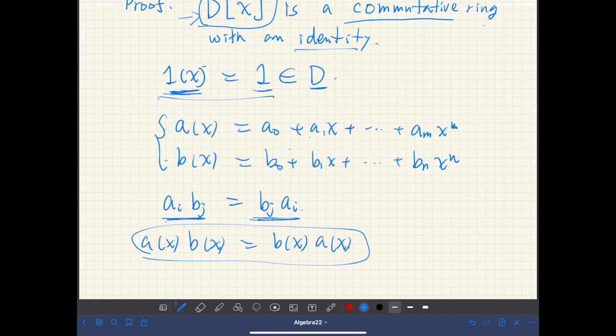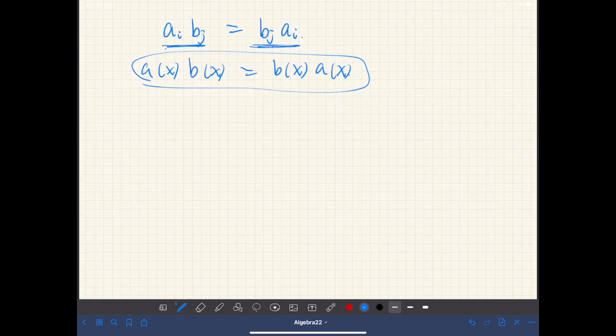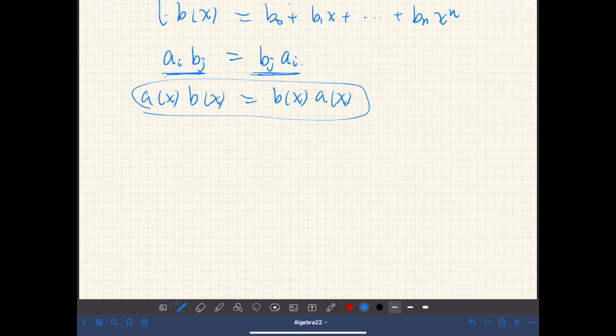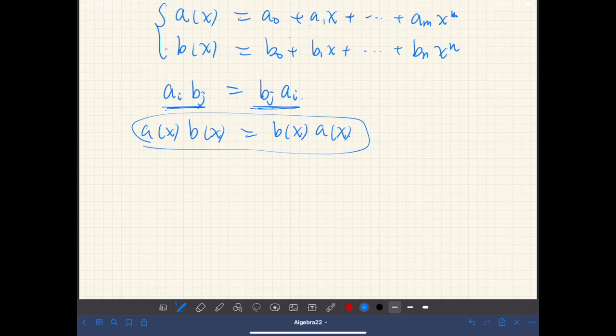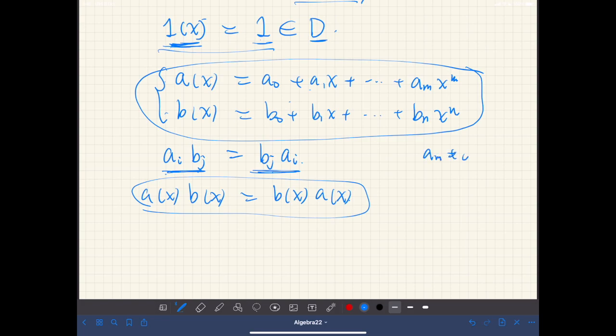Okay. Then to show that this polynomial ring is an integral domain, the only thing that is left to show is that this ring has no proper divisor of 0. So let's assume these polynomials with a_m not equal to 0, b_n not equal to 0. So the degrees are m and n.